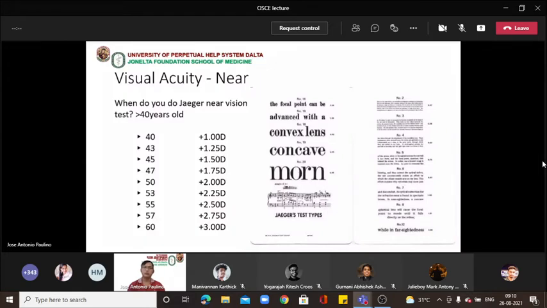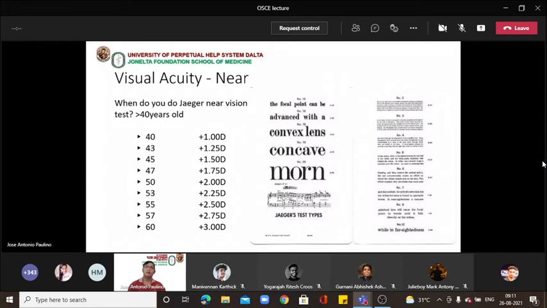The higher the number, 20, the poorer the vision is at near. If the patient can read the words at number 2, that means the patient has very good near vision, or J2. If you notice also on the left side of the screen, we see numbers. Those correspond to patients' ages.